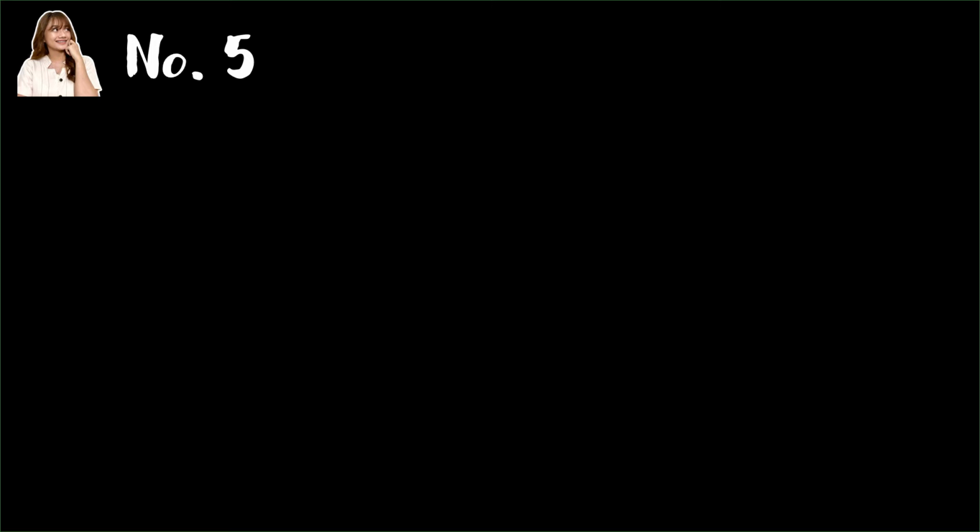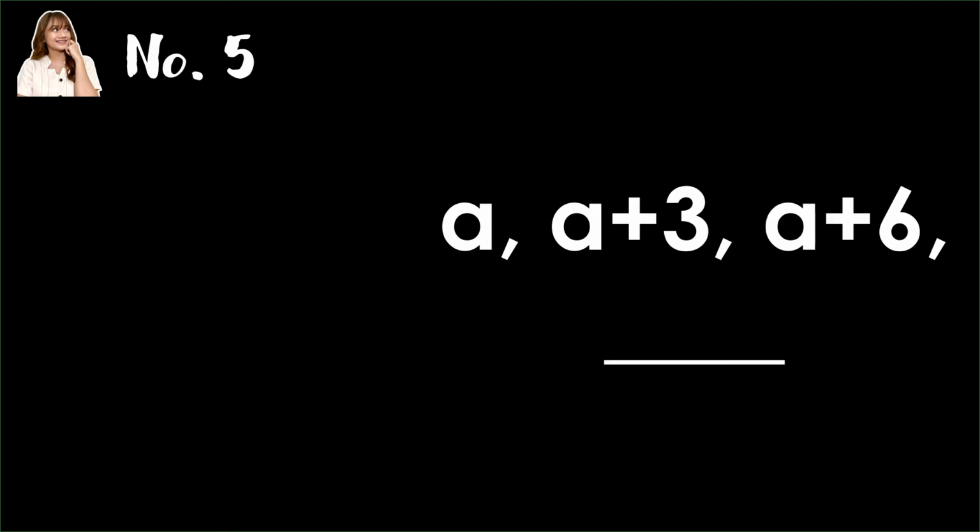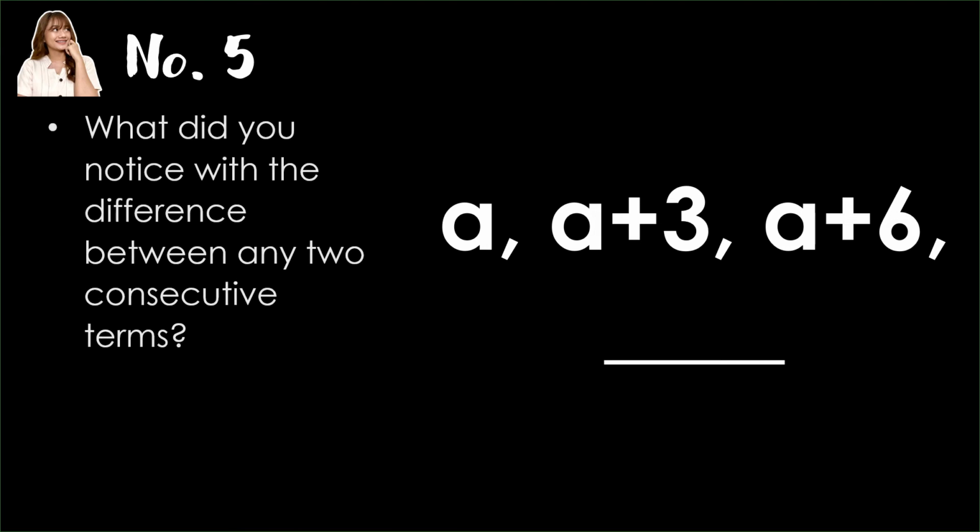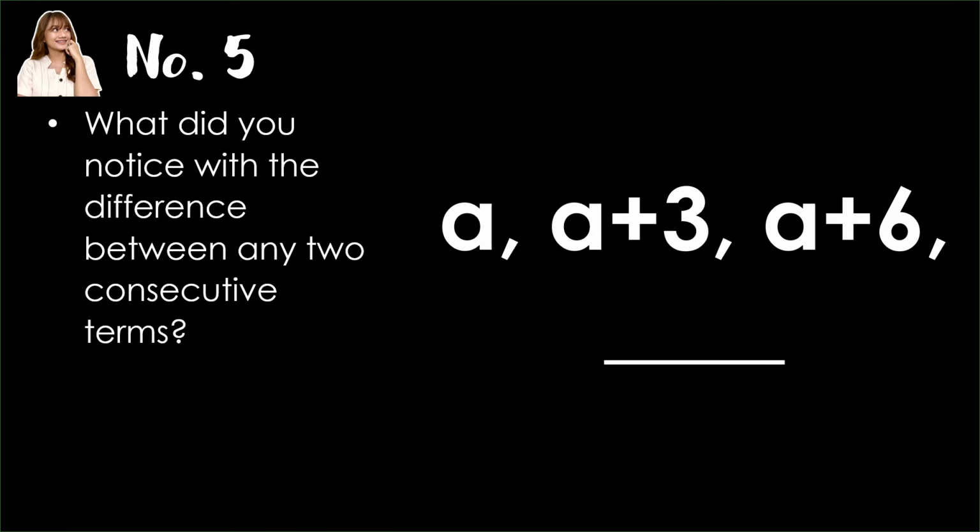Number 5. We have a plus 3, a plus 6, and an unknown number here. Question: what did you notice with the difference between any two consecutive terms? What is the difference between a plus 3 and a?